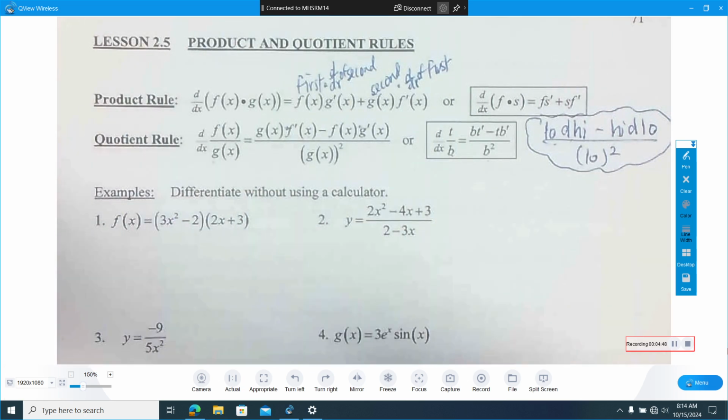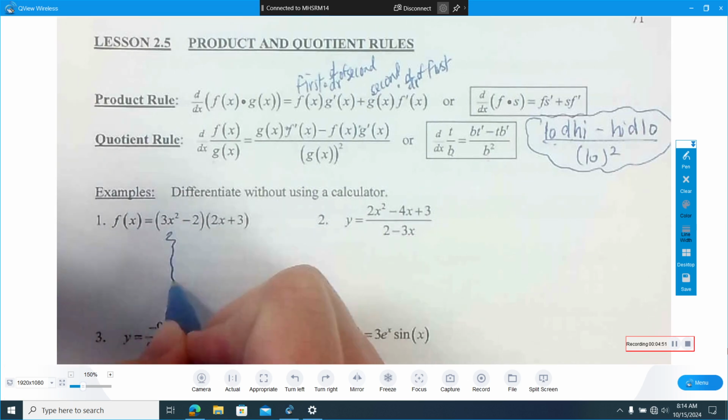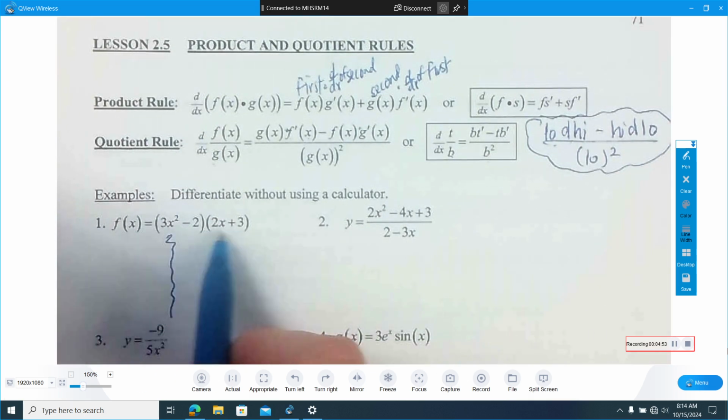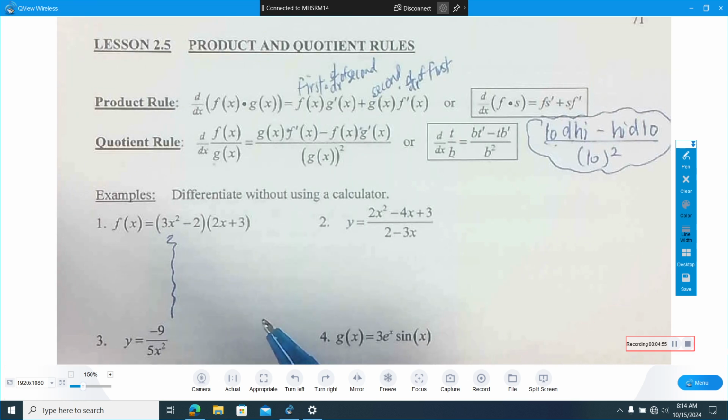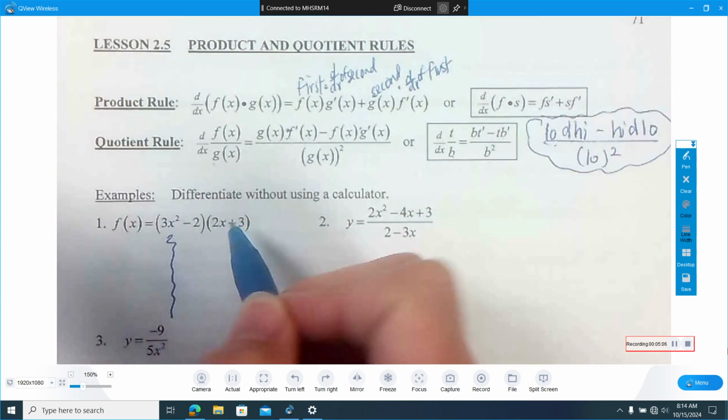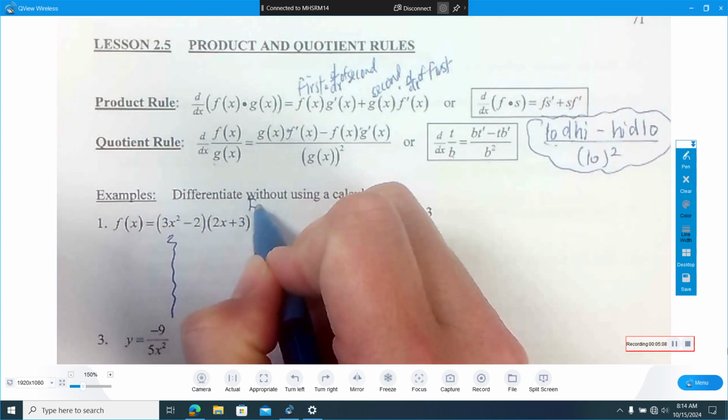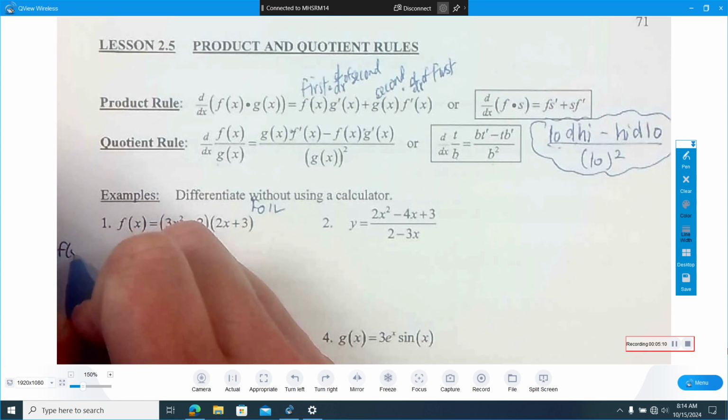What would you do without your product rule knowledge to go ahead and find the derivative of this first function here? What could you do? Could you multiply them together? For sure. You could FOIL these together, and we could get a new f of x function.